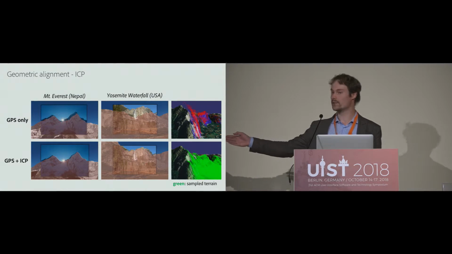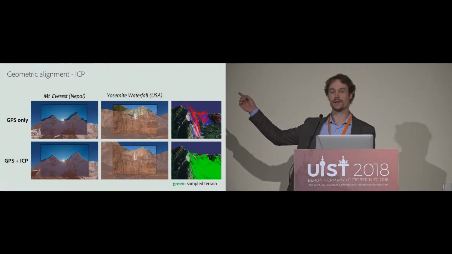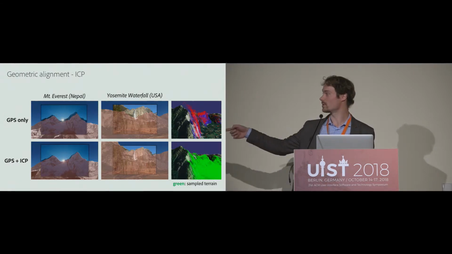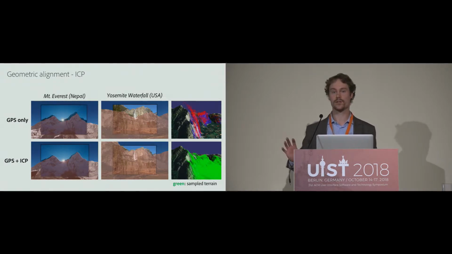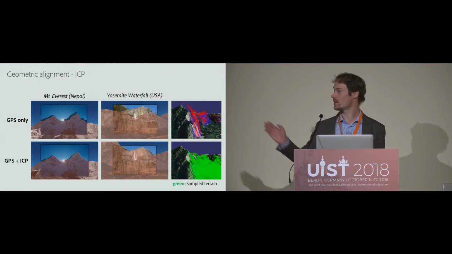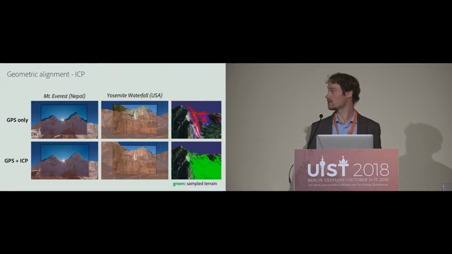So we sample the green point cloud in the bottom right image, and align the red point cloud to the green one. We obtain the blue, which is aligned to the terrain, and this gives us a transformation, which we apply to the cameras, and you can see on the second line that the alignment is improved quite a bit.